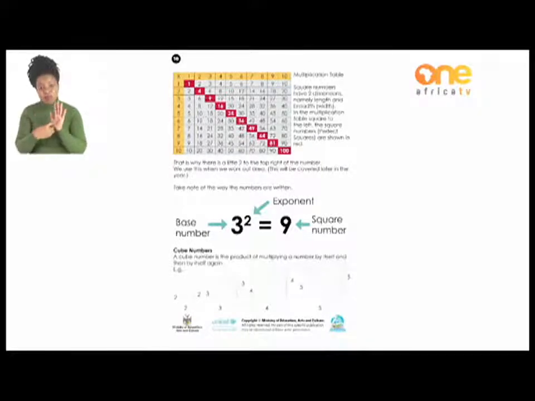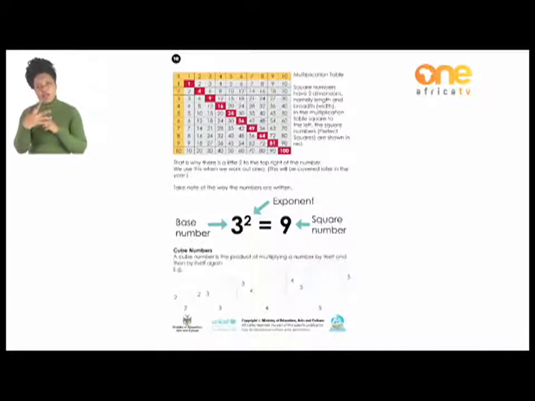For example, there are cubes drawn there. The first one is 2 times 2 times 2. That can also be written as 2 cubed, or 2 to the power 3. There is 3 times 3 times 3, 4 times 4 times 4, and 5 times 5 times 5.